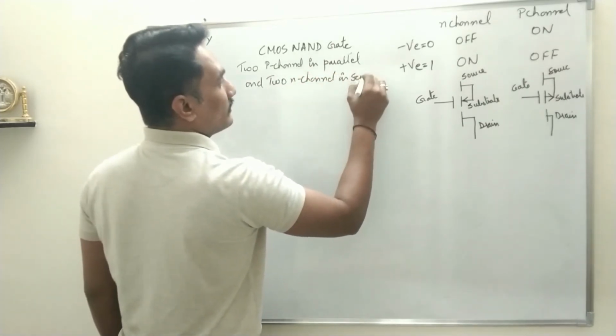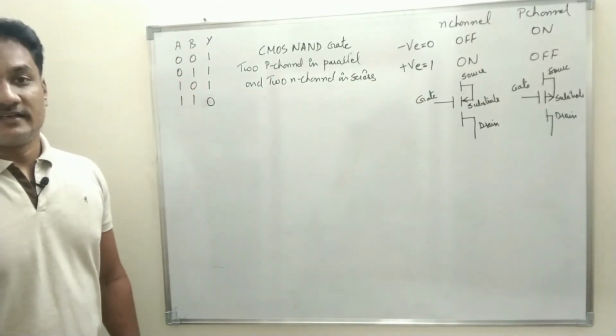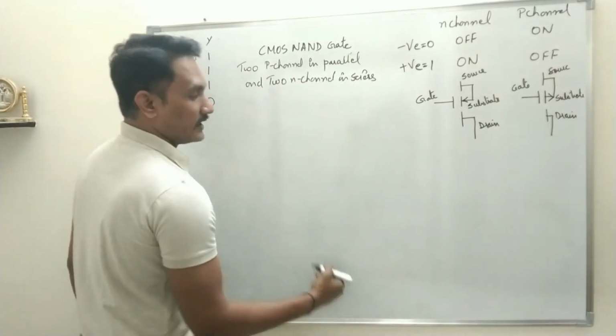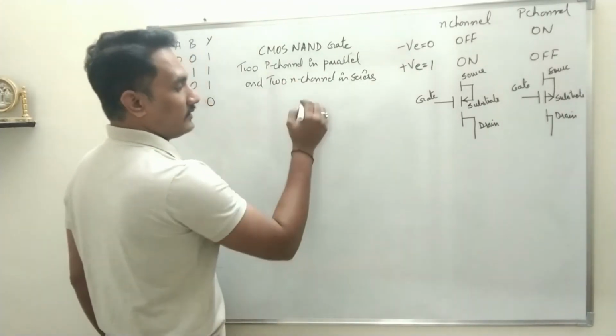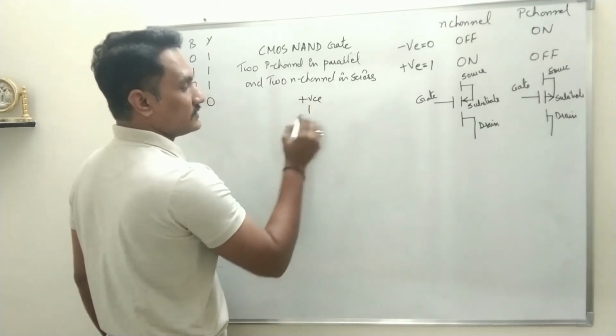This has to be remembered. Of course, this has to be connected between a positive terminal and ground, that means power supply and ground. So the positive supply, let us say plus VCC.